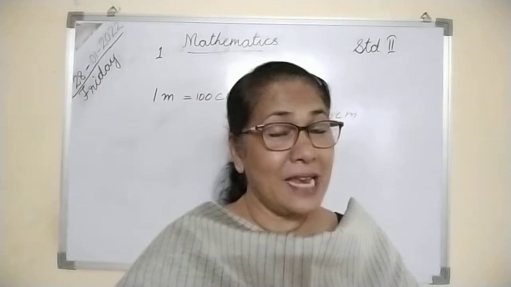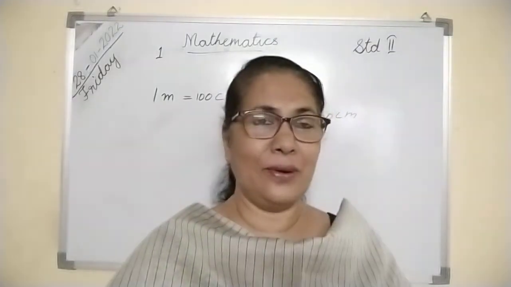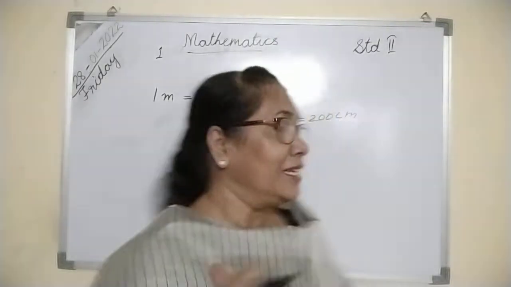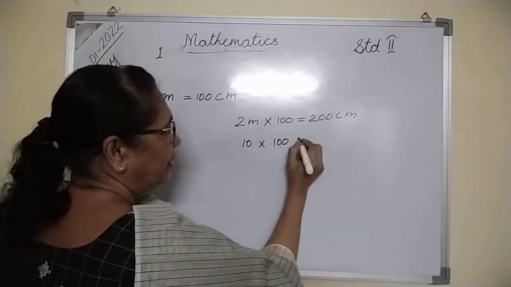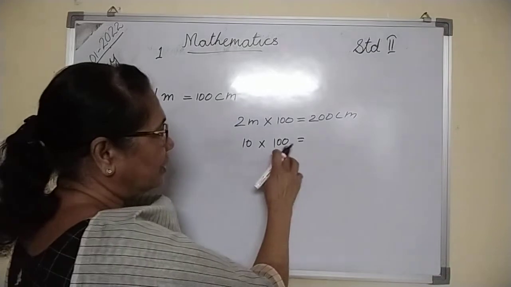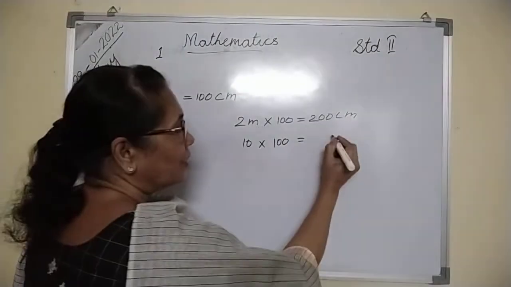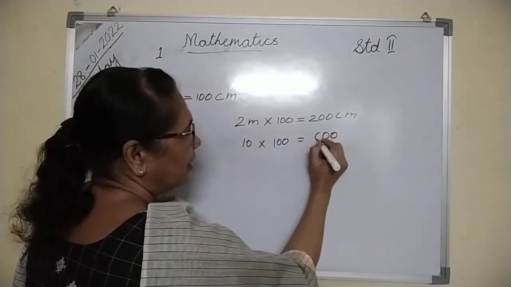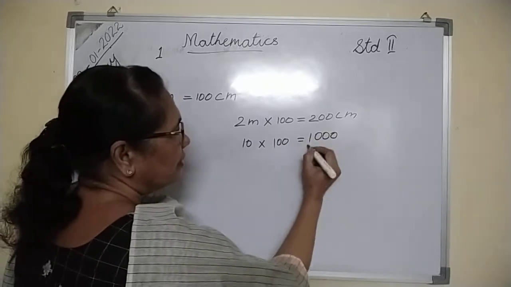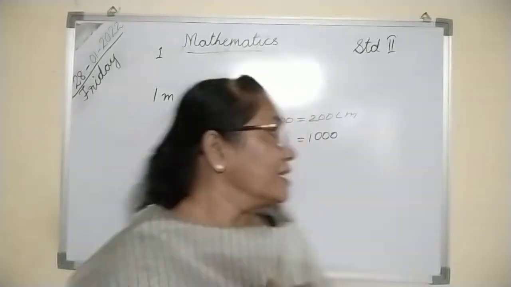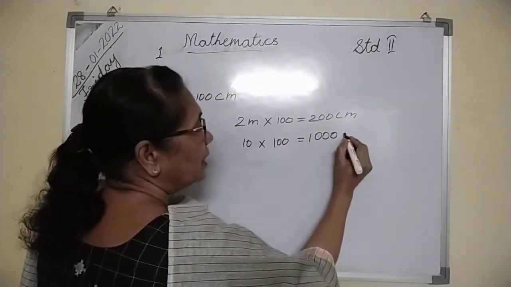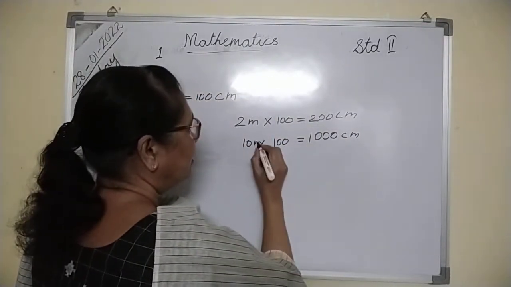If it is 10 meters, 10 into 100, always we told you, first write the zeros on the right-hand side, then 1 into 1 is 1 itself. So 10 meters is equal to 1000 centimeters. Okay.